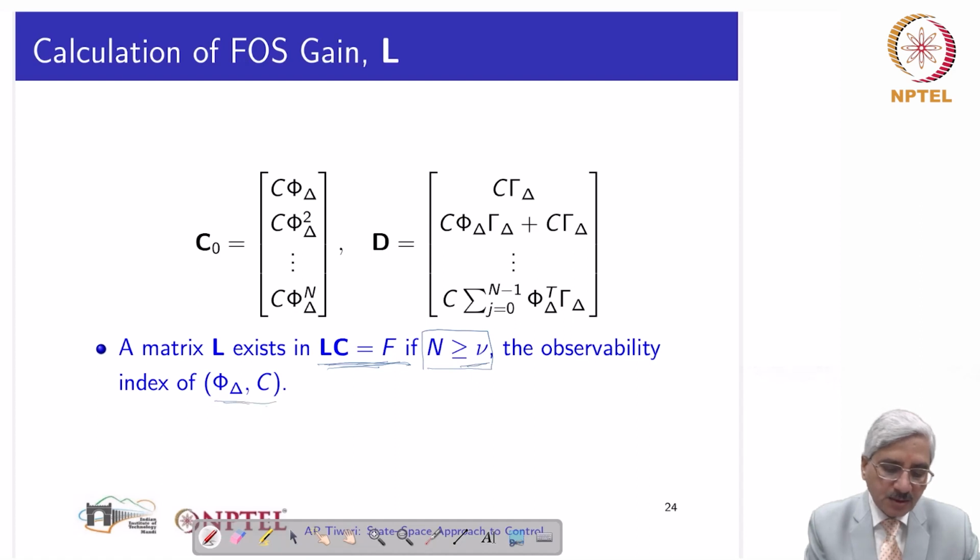This is the system sampled at the rate delta, 1 by delta. And what is the observability index?